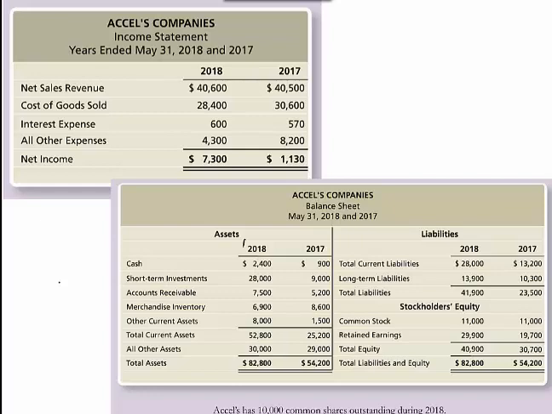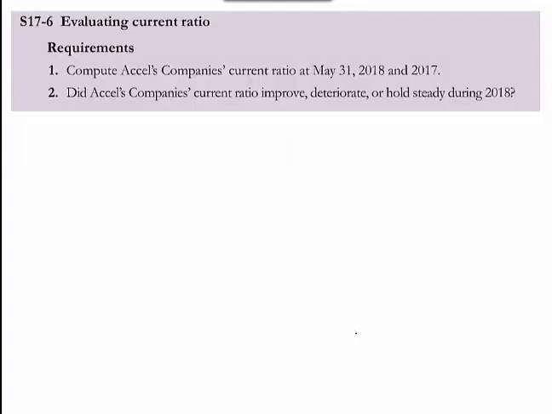When I do this one in person, I'll have this up on one projector and the problem up on the other so we don't have to keep flipping back and forth. And then they tell you this information down here that you'll also need. So this is the data that we're going to use for all of the problems for the rest of this video.